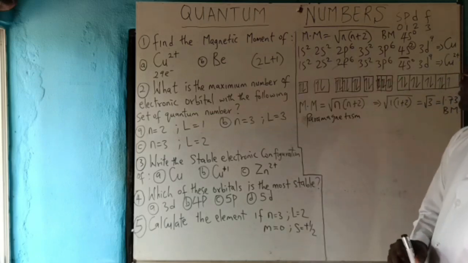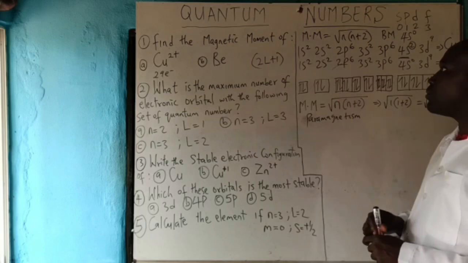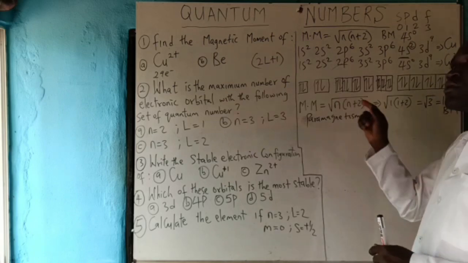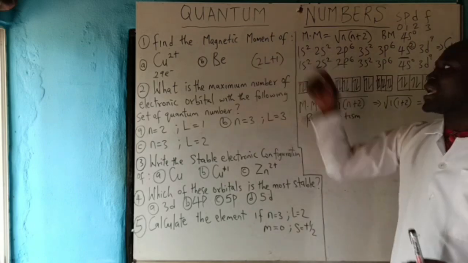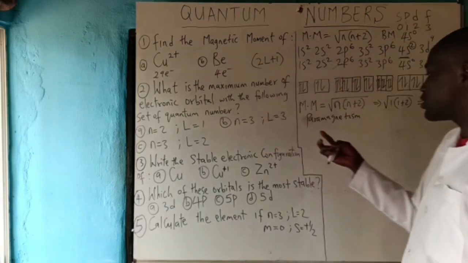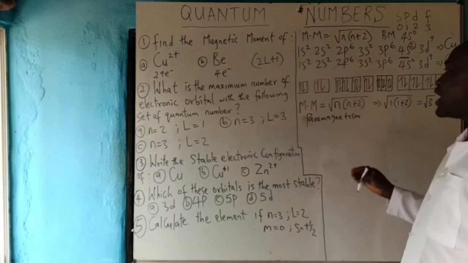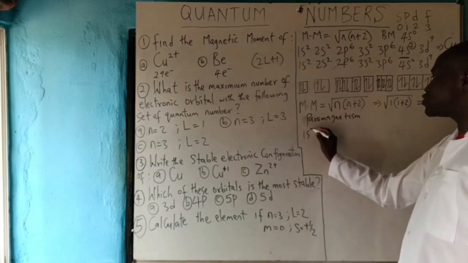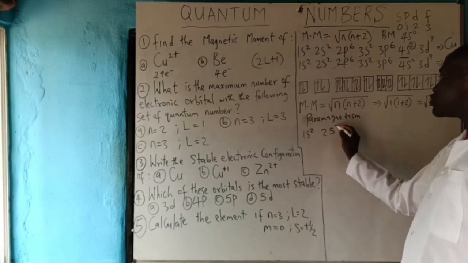Okay, now for question number 2, beryllium. How many electrons does it have? 4 electrons. That means 1s2 2s2.